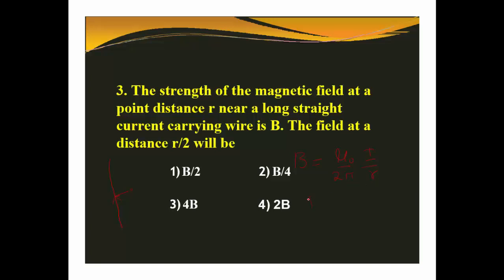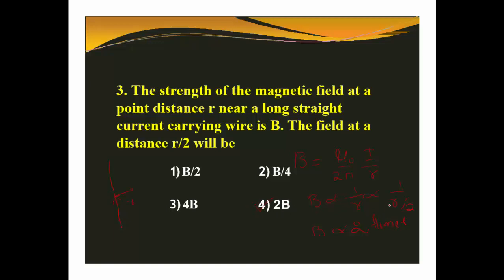Here the magnetic field is inversely proportional to distance r. The distance is r. So if the distance is made half, then the magnetic field becomes 2 times according to this formula. So the correct option will be 2B.